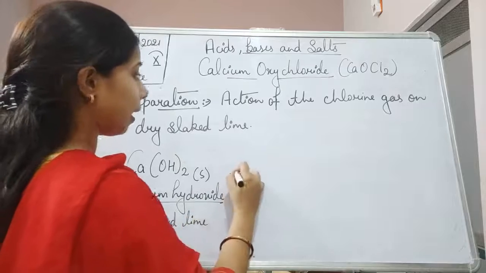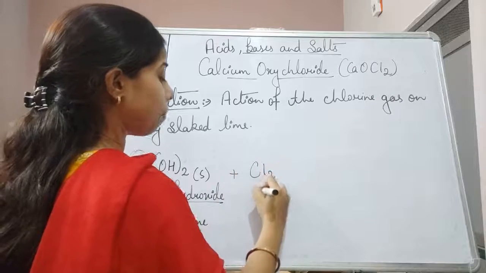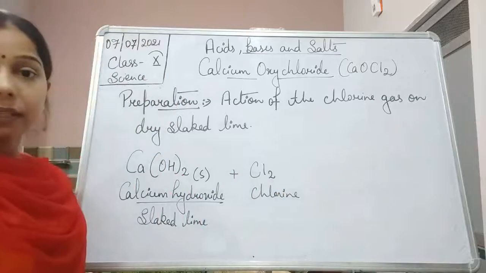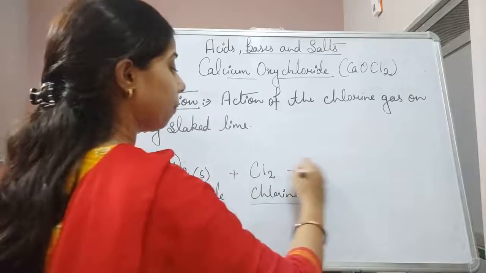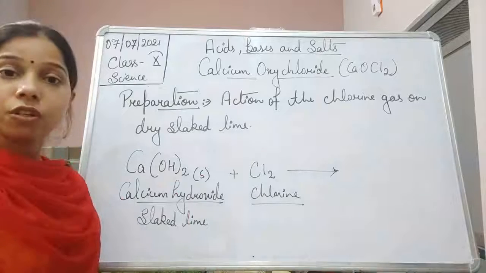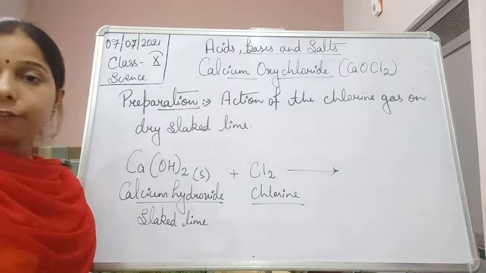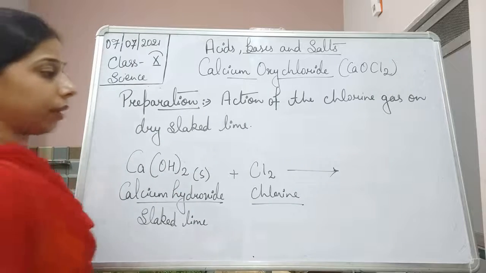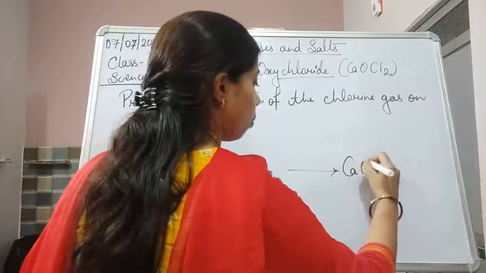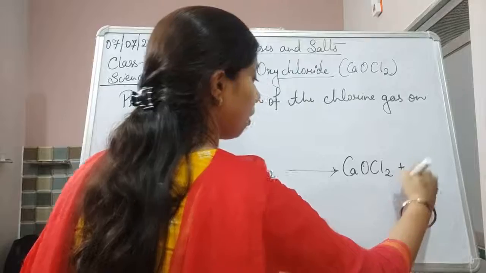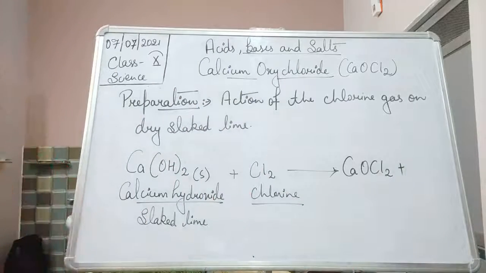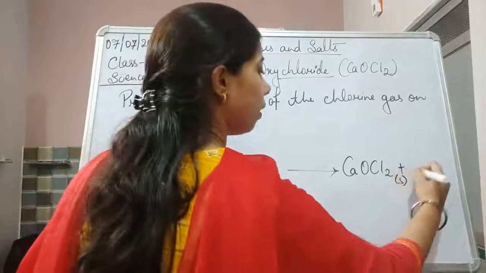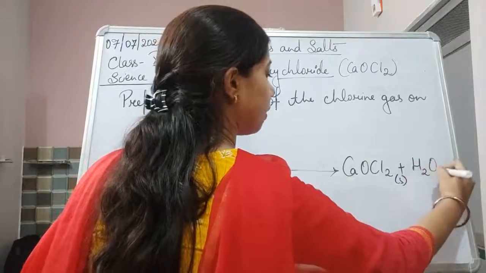This slaked lime, when chlorine gas is passed through it, there will be the formation of calcium oxychloride, CaOCl2, plus H2O is formed. This is the solid one, and here water is released.